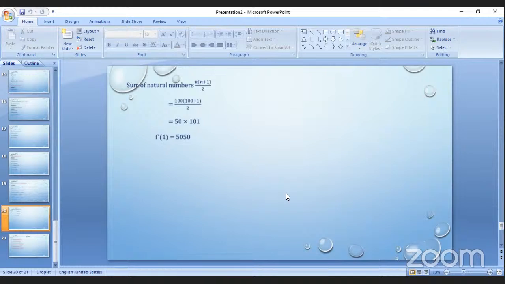Here 1 plus 2 plus 3 plus so on up to 100, so n equals 100. So 100 into 100 plus 1 by 2, which is 50 into 101, that is 5050. Therefore, f dash 1 equals 5050.